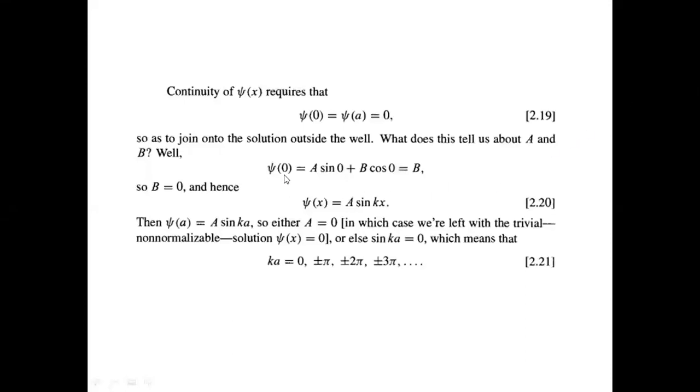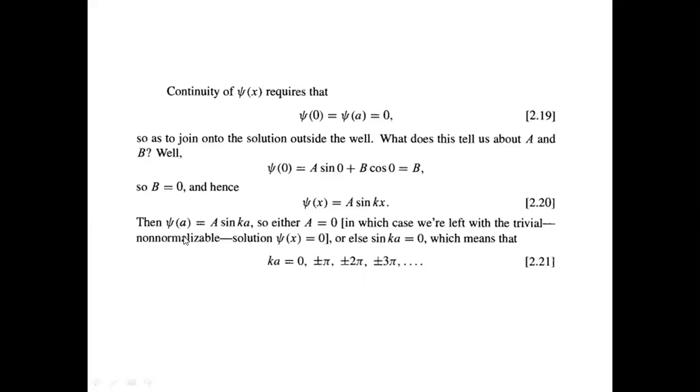The condition sets that B should be equal to 0, because when x is equal to 0 you get the answer B, but we know that phi of 0 should be 0, so we have to set B equal to 0. So the only remaining term would be A sine kx. Now we have to find the value of k.